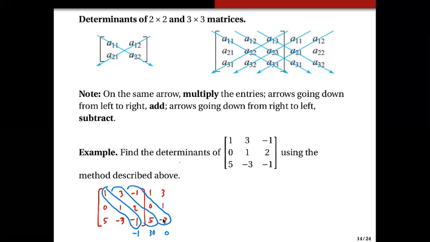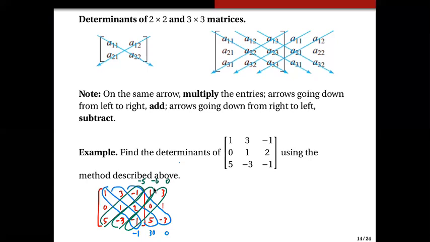And for the green ones, we have the going up in here, going up in here, and going up in here. So for the first, 5 times 1 times negative 1, that's negative 5. Then you have negative 3 times 2 times 1, that's negative 6. And then we have 0 here.